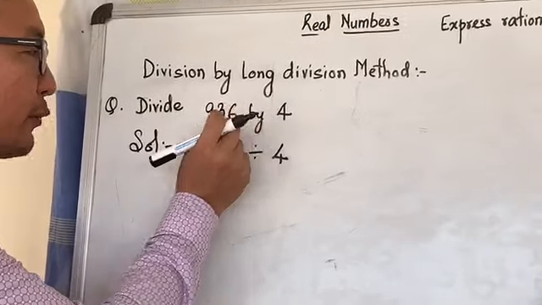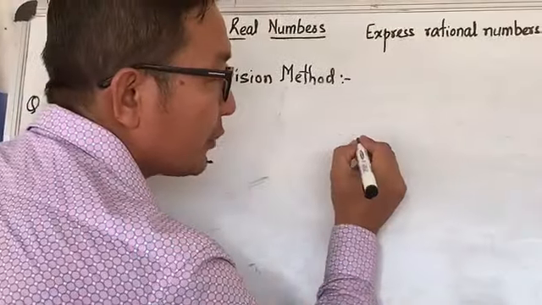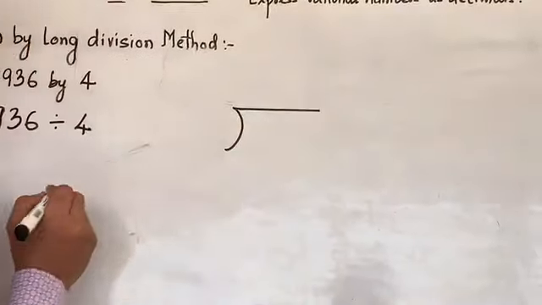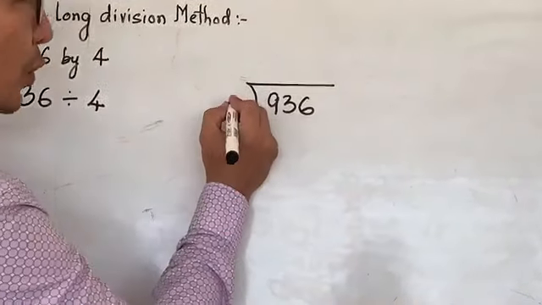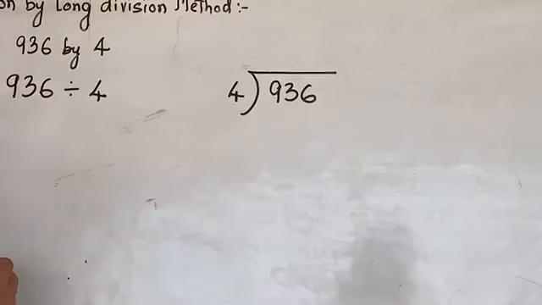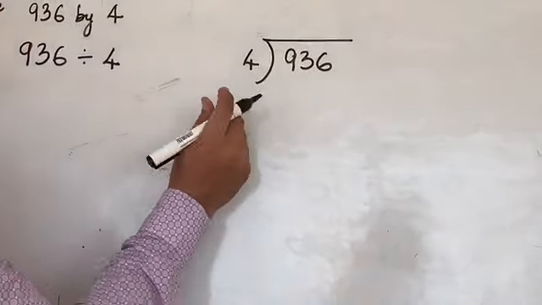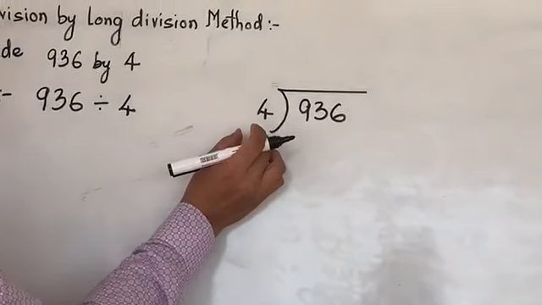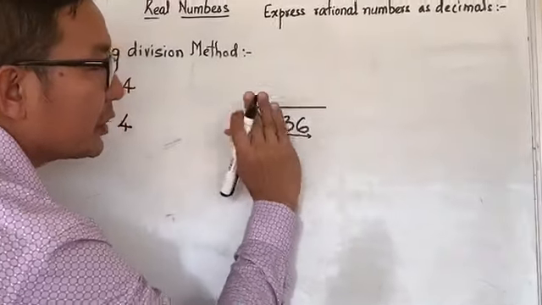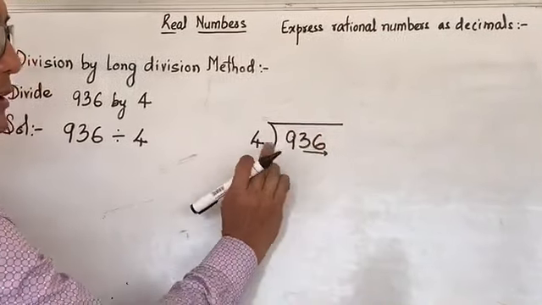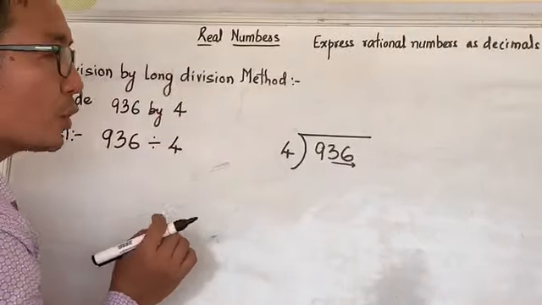Since we are going to do it by the long division method, 936 is the dividend and 4 is the divisor. Let's forget 36 and think only about 9 first.